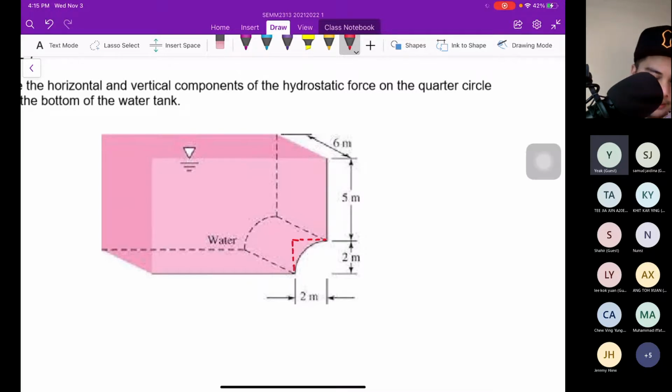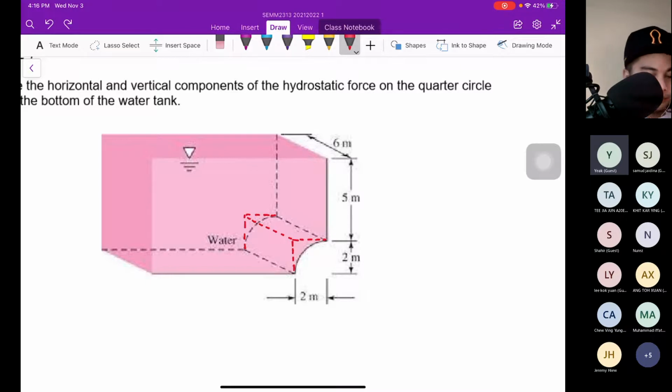Then you can see clearly the projection of the plane, and this is the projection in horizontal.